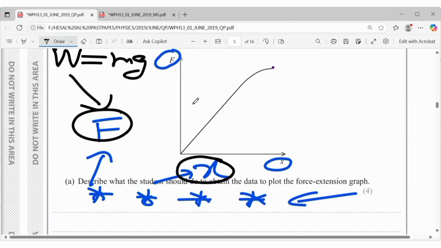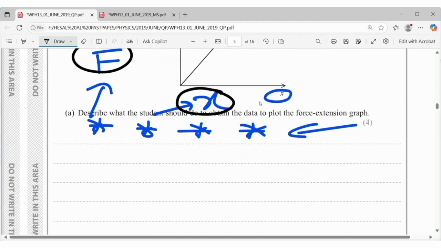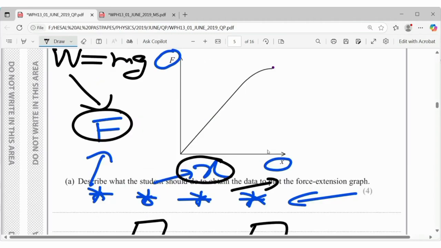Finally, we have these things for one data point. We need a lot, so we can use a range of masses. There we get multiple pairs for your graph. By plotting those points, you can draw this graph.